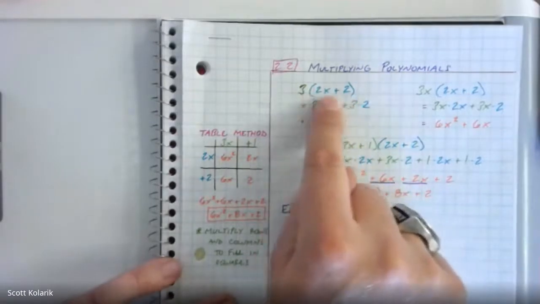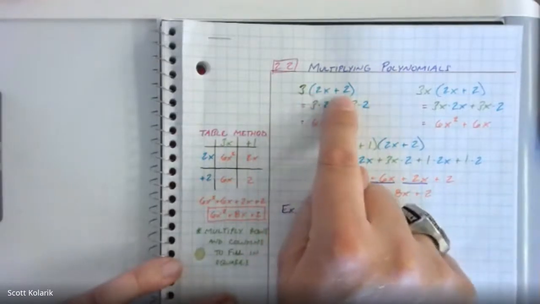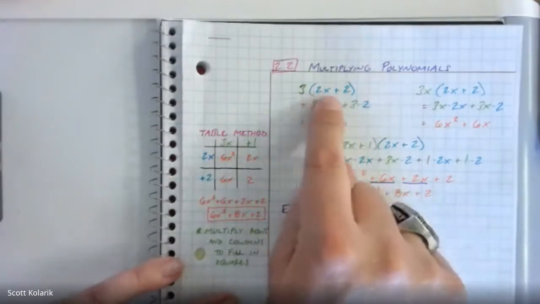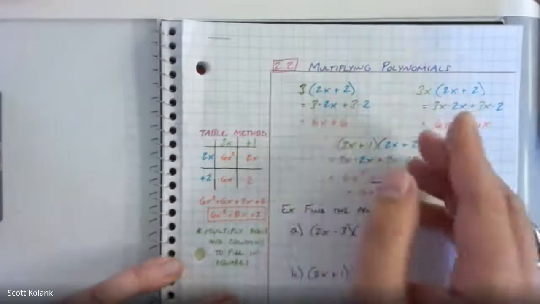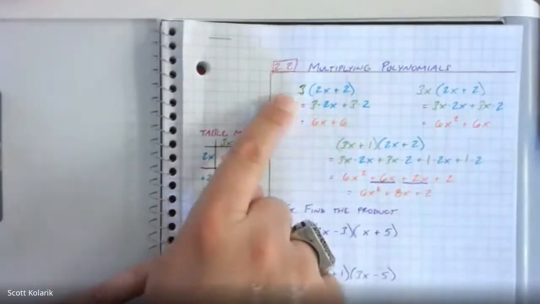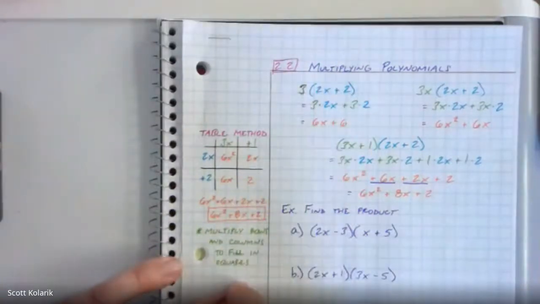Now this one has two objects. It's a binomial inside of the parentheses. It could be more. I could have 3, 4, 5, 7, 10 different objects inside of a parentheses, and when I distribute, I'm just multiplying by every single object inside the parentheses, however many there are.